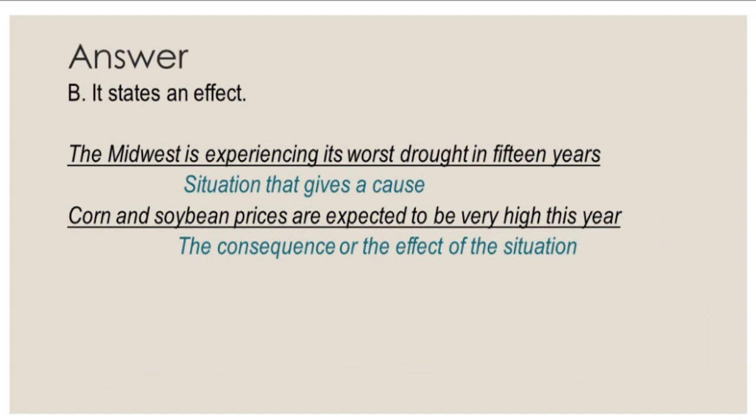Examine. The Midwest is experiencing its worst drought in 15 years. That is the situation that gives a cause. Corn and soybean prices are expected to be very high this year. That is the consequence or the effect of the situation. Therefore, our answer to this question should be option B. It states an effect. Is this your answer? Then congratulations, you got it right.